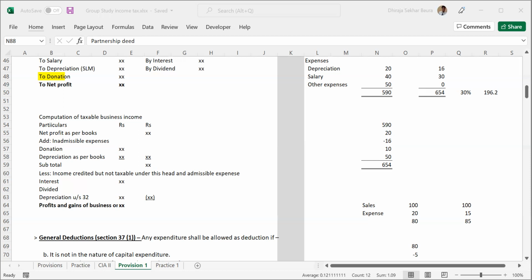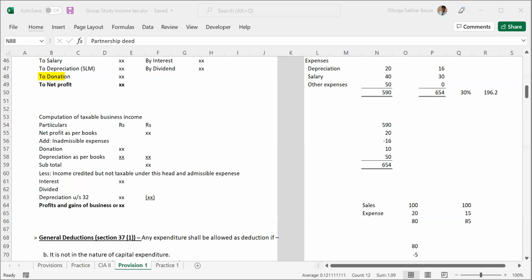Okay, all right. Now let's get back to that calculation where there were some numbers. First 1.5 lakhs or 90%. Sorry, 1.5 lakhs or 90% of the book profit, whichever is higher, on the first 3 lakhs.